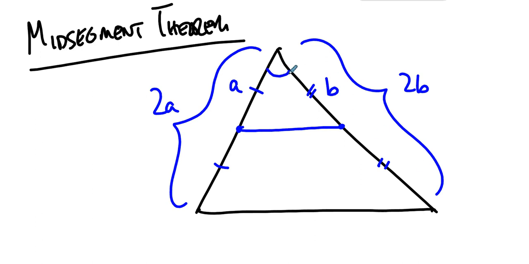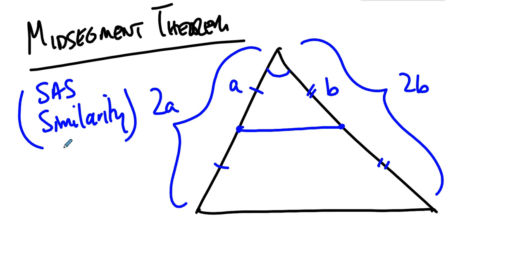So we have sides in proportion, and this angle is shared. So by side-angle-side similarity, the little triangle is similar to the big triangle. And if the little triangle is similar to the big triangle, then this angle is congruent to that one, and this angle is congruent to that one, which means that this mid-segment is parallel to the third side of the triangle.